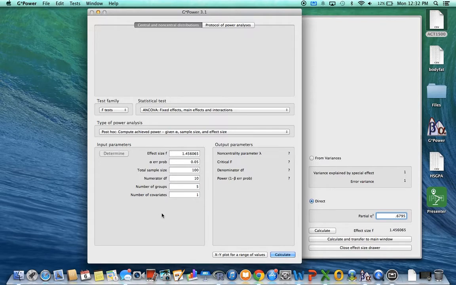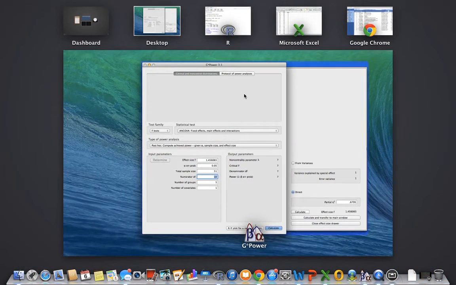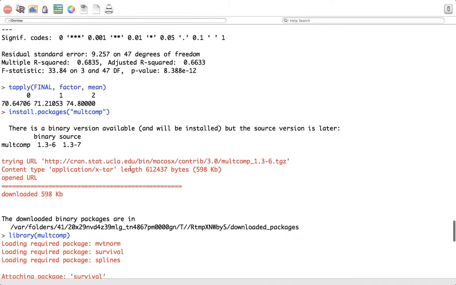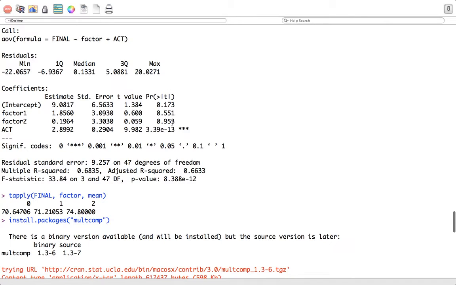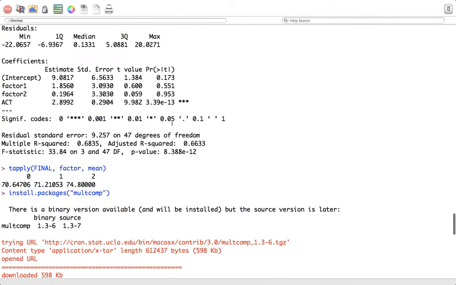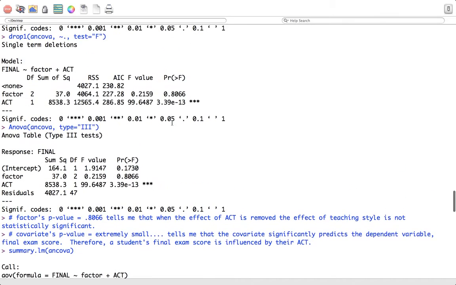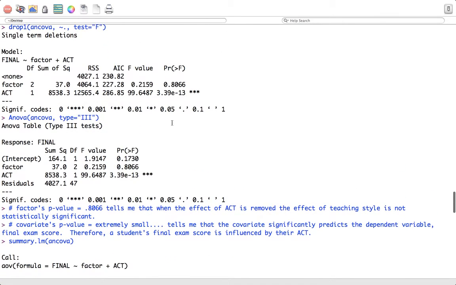It calculated, wow, cool, all right. 0.05, our total sample size is 51. The degrees of freedom in the numerator would be 2.